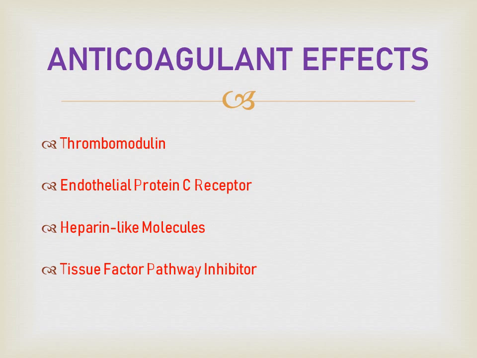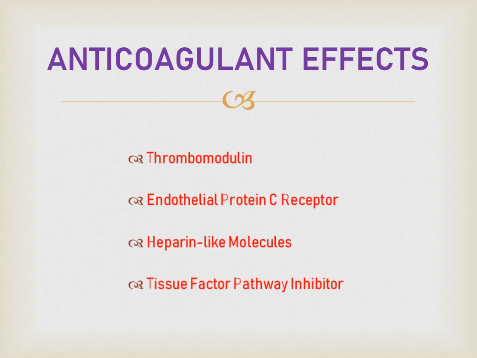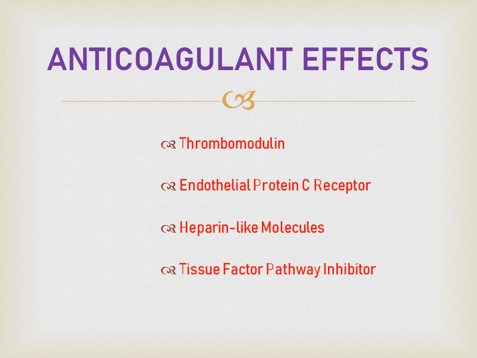These important factors include thrombomodulin, endothelial protein C receptor, heparin-like molecule, which was also discussed in the previous slide, and tissue factor pathway inhibitor. Now, to see how thrombomodulin and endothelial protein C receptor work, how the heparin-like molecule performs its function, and tissue factor pathway inhibitor, we again have to look at the picture which was shown in the previous slide.